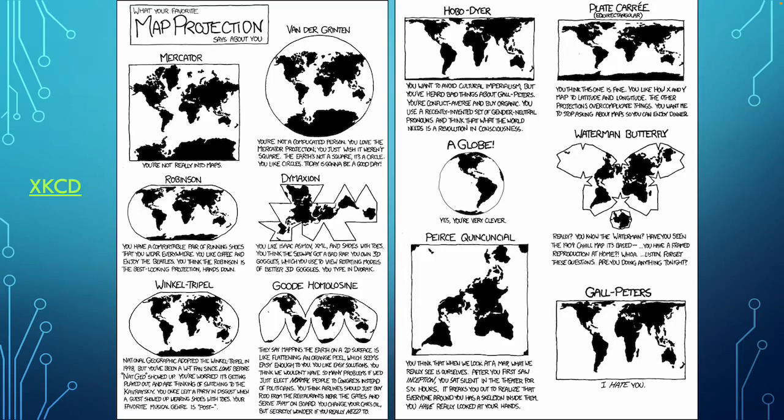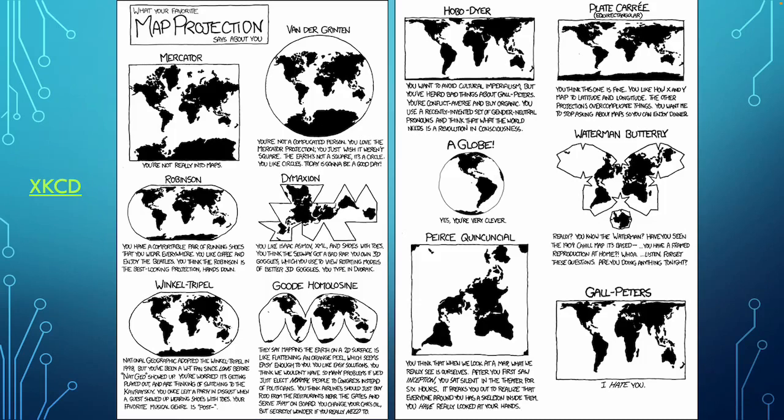The reason this one has a bit of a history: there was a movement in geography, because the Mercator projection overemphasizes the poles, and everything along the equator, while it's not distorted, is not the same size as this.